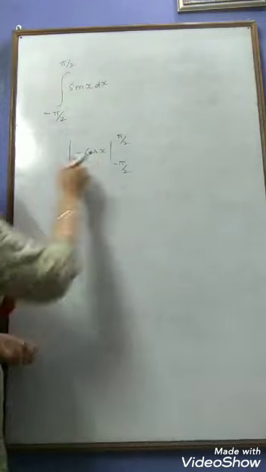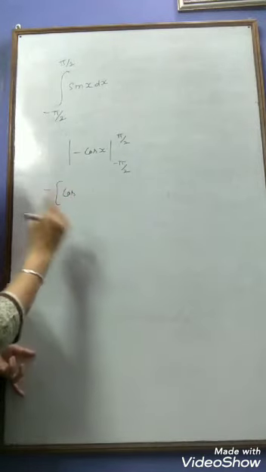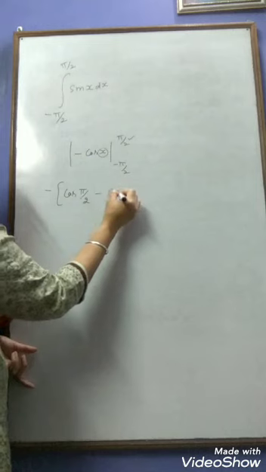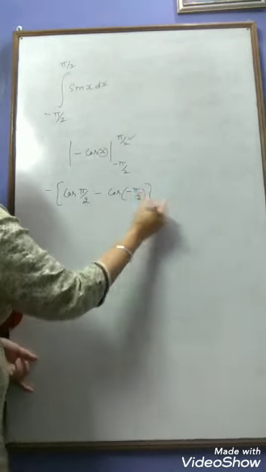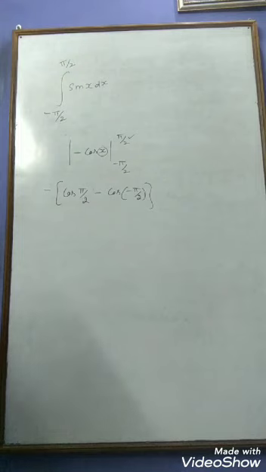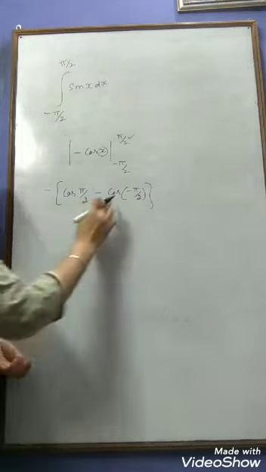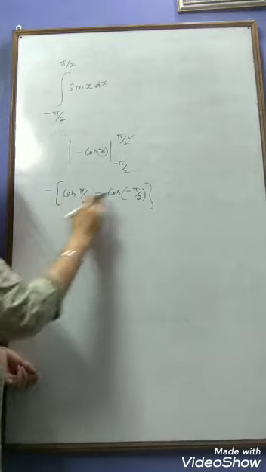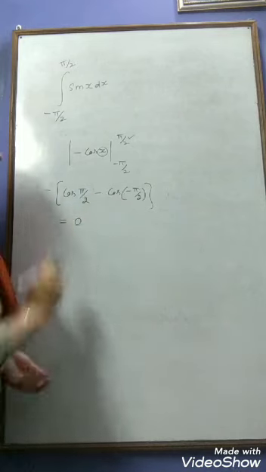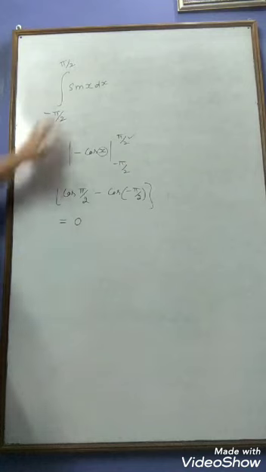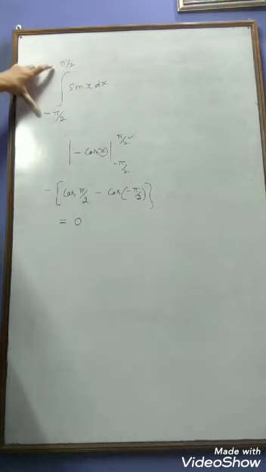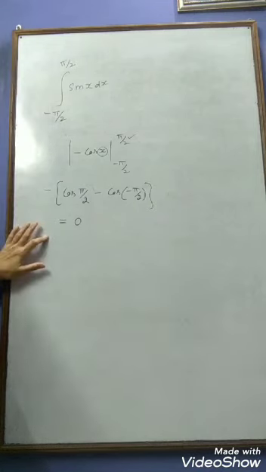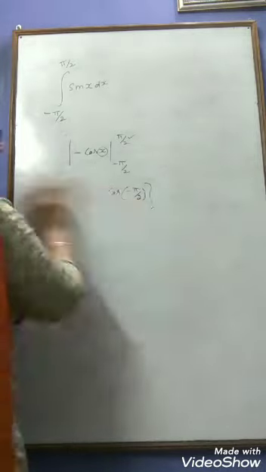I apply the upper limit pi by 2 in place of x, then minus cos of minus pi by 2. Cos of minus theta is cos theta. This is cos 90, and its answer becomes 0. So the integration of sin x within the limits minus pi by 2 to plus pi by 2 is 0.